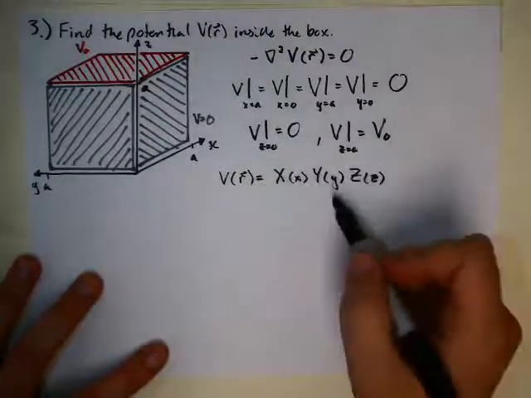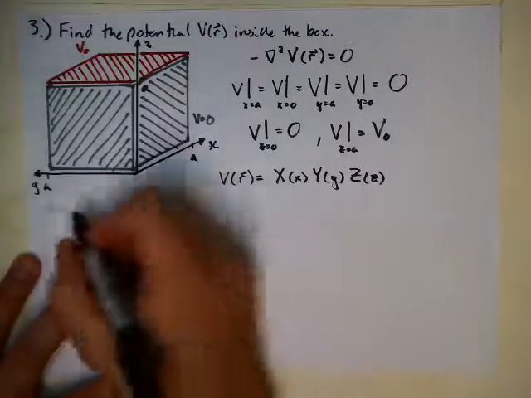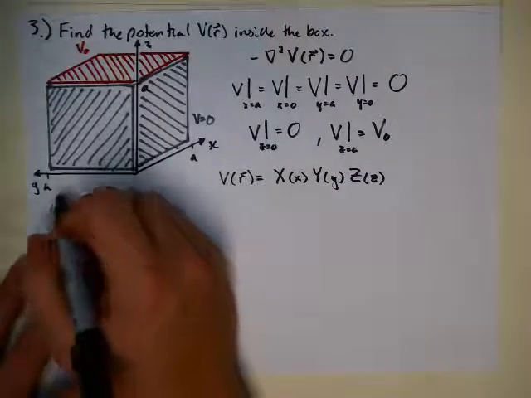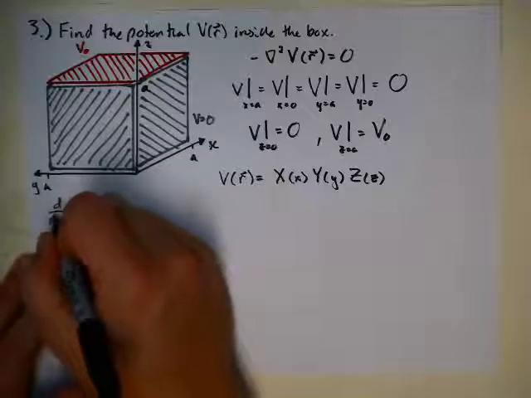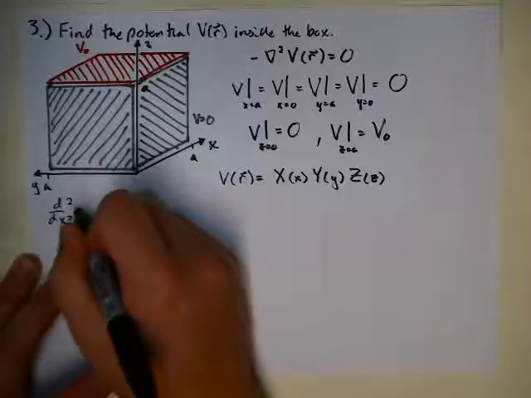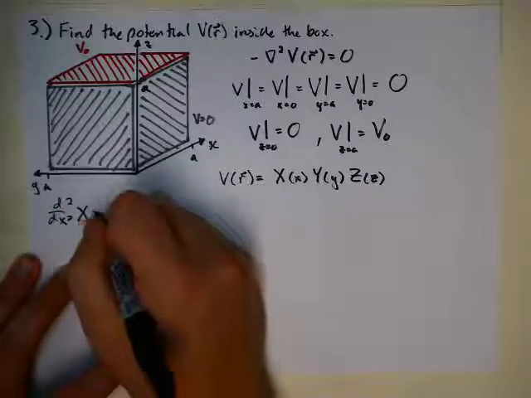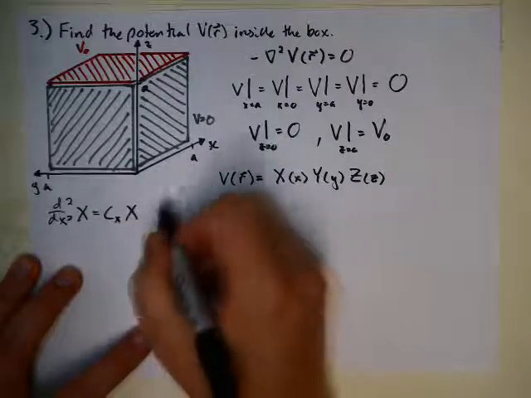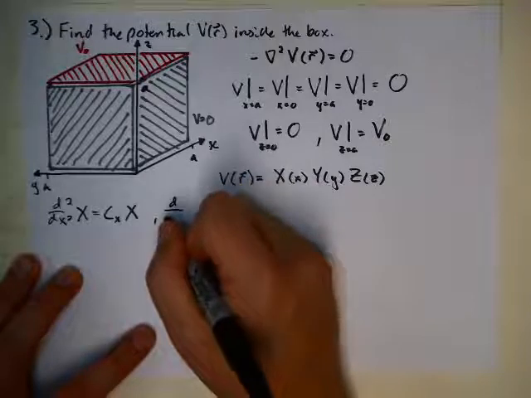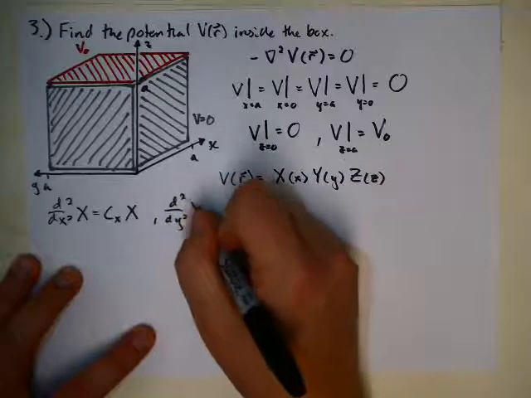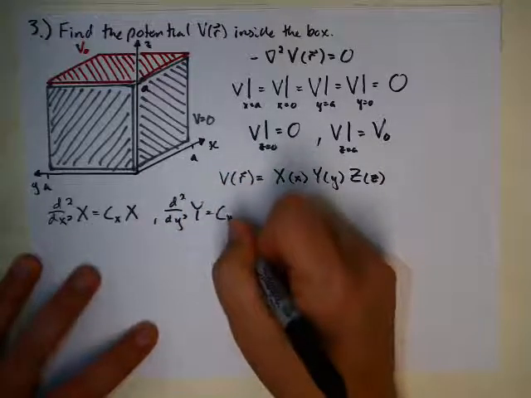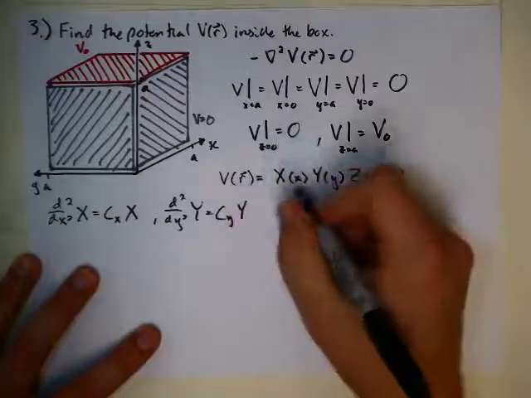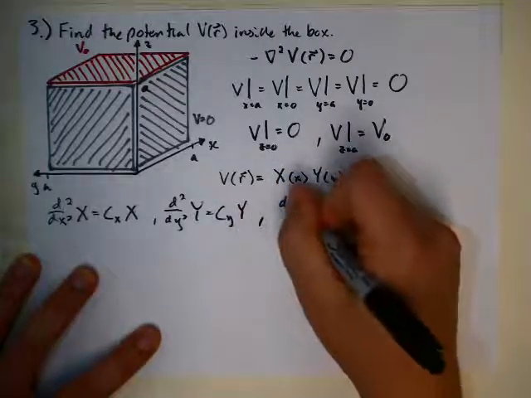When you take this assumption and plug it in here, we get the following 3 differential equations. The second partial derivative of capital X with respect to x is Cx times capital X. Same thing for y, and the same thing for z.